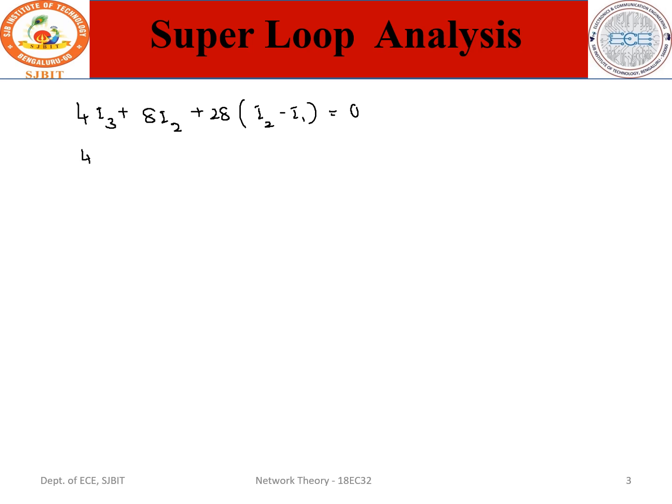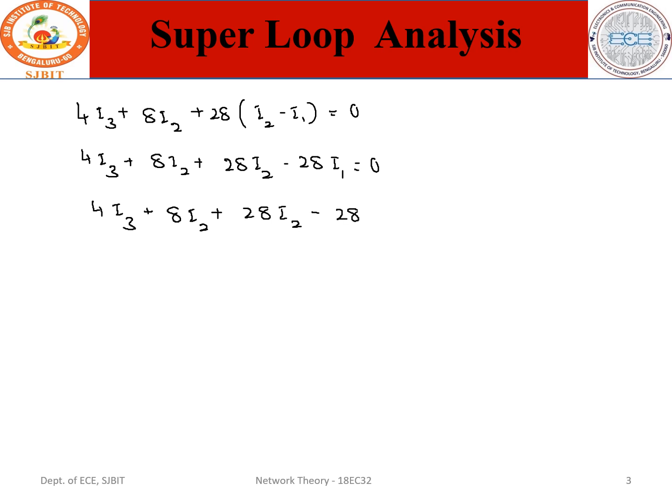This is 4I3 plus 8I2 plus 28I2 minus 28I1 is equal to 0. But I1 is equal to 12 amps. Substitute that value: 4I3 plus 8I2 plus 28I2 minus 28 into 12 is equal to 0.